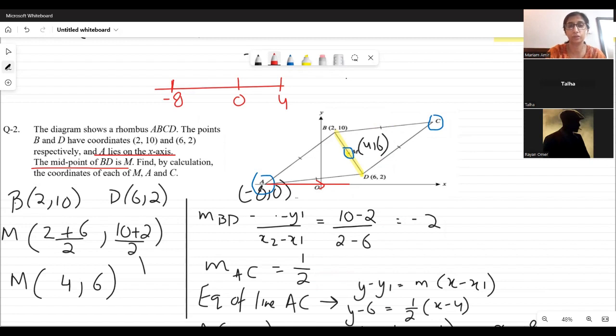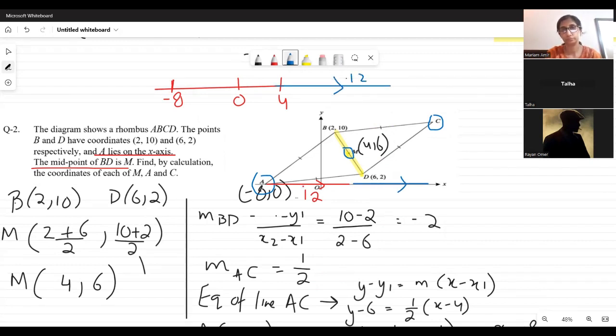Yes, 12 units to the right. Go another 12 units to the right from 4. So where do you land? 16. 16, yes. So the x coordinate of C should be 16 if we're using movements.